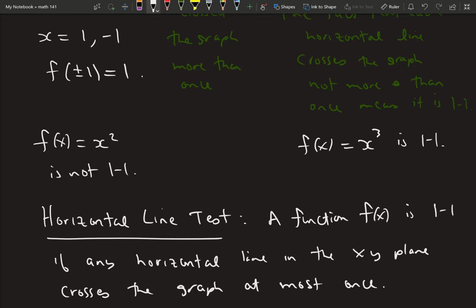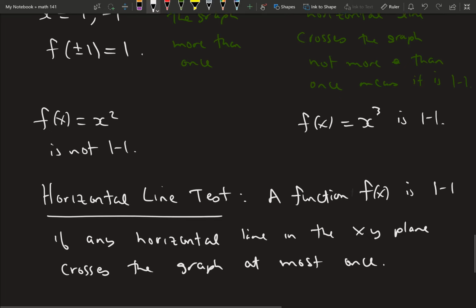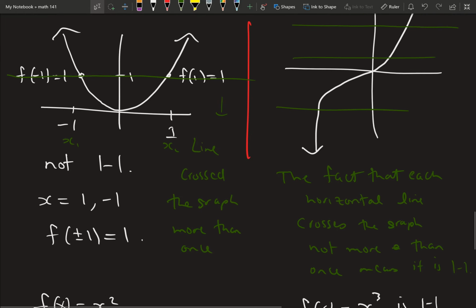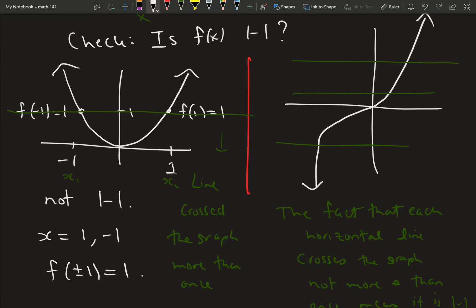Sometimes it's possible that a particular horizontal line doesn't cross the graph at all, and we'll see that in the exercise that I leave you. So again, just to reiterate, the horizontal line crossed the graph twice, hence it's not 1 to 1. For here, any horizontal line crosses the graph only once.